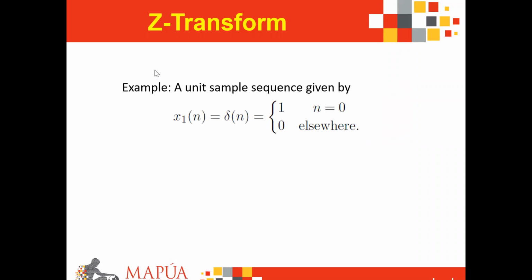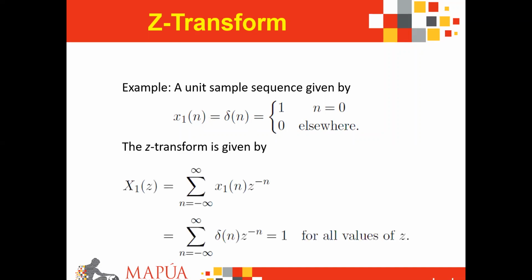Paano kung unit sequence? So meaning, ano yung unit sequence? Parang delta function. 1 siya at n equal to 0 and then 0 anywhere else. So within the delta function, ganito yung convergence niya.